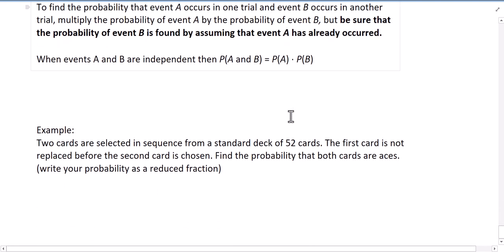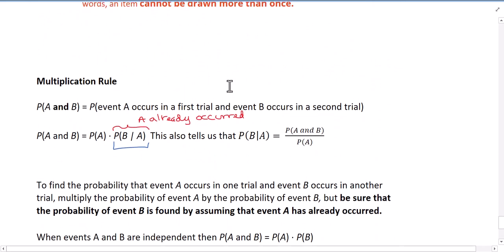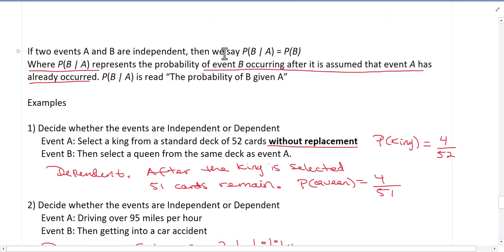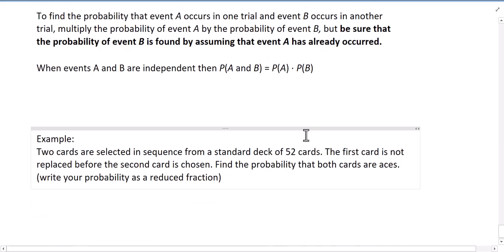So when events A and B are independent, the probability of A and B is the probability of A times the probability of B. And this essentially comes from what we talked about earlier, that if events are independent, the probability of B given A is just the probability of B, because the probability of A doesn't affect B. And so that's what that says.